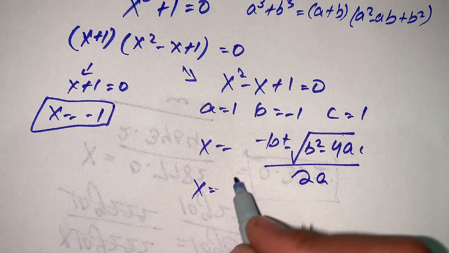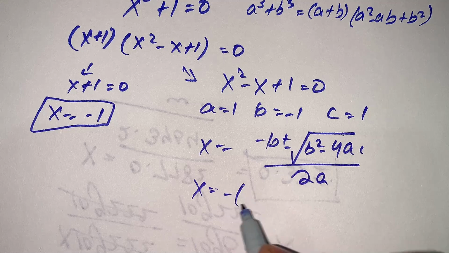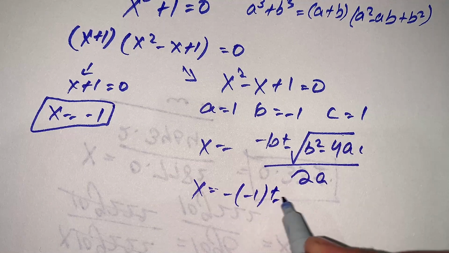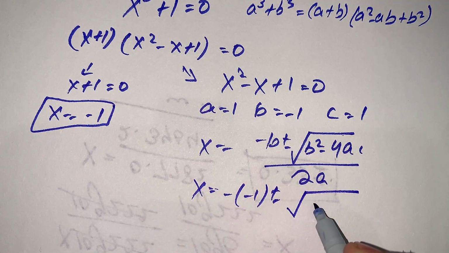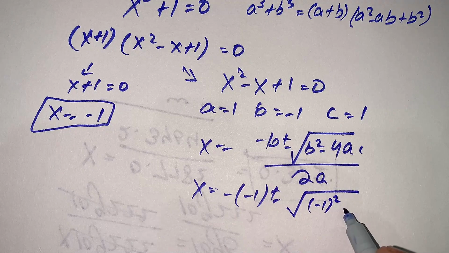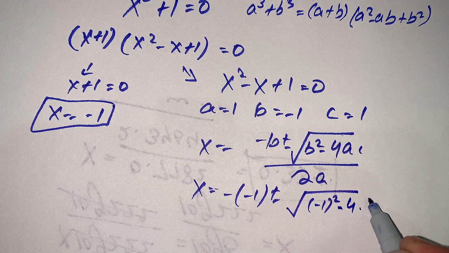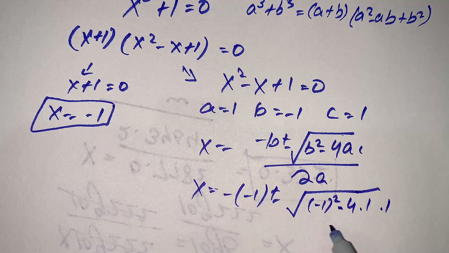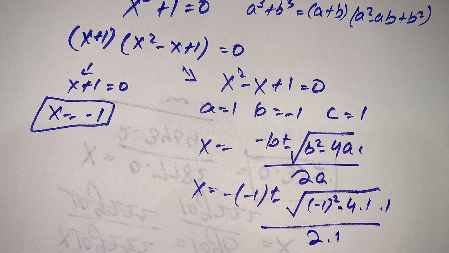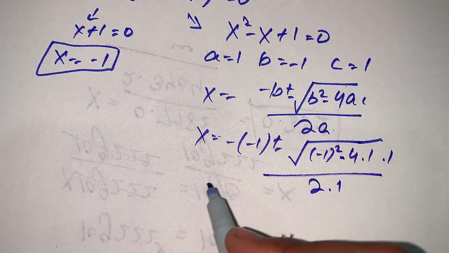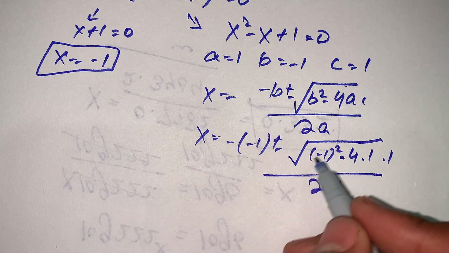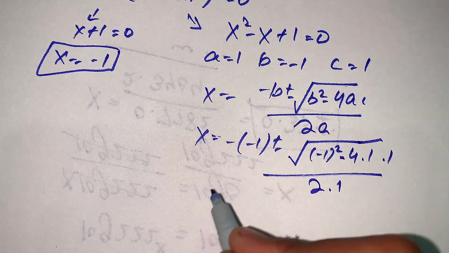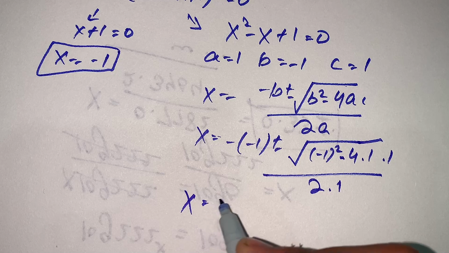After applying this formula, we get the value minus into minus 1 plus minus 1 squared minus 4 into 1 into 1, divided by 2 into 1. And overall, after calculation, this will be minus into minus plus 1.